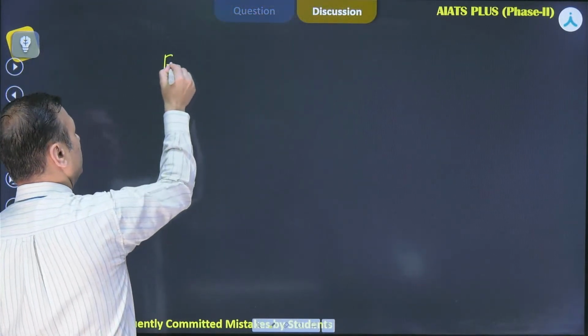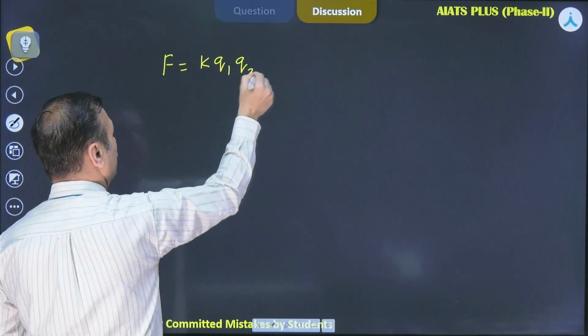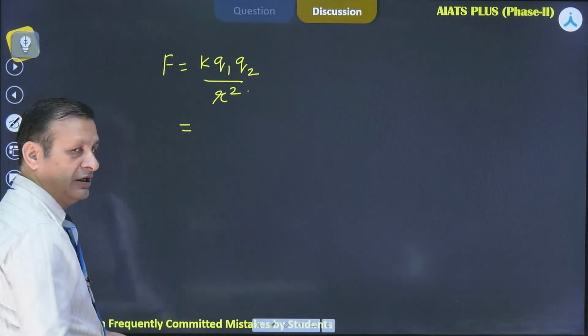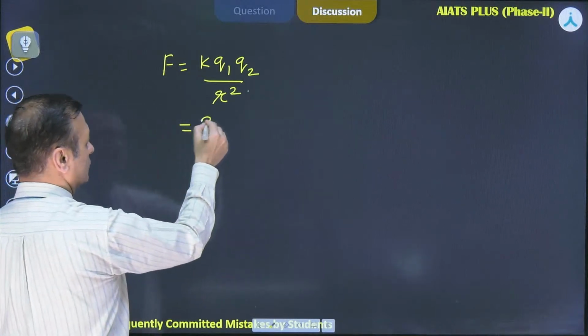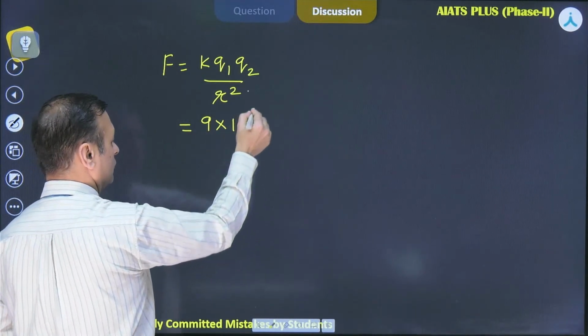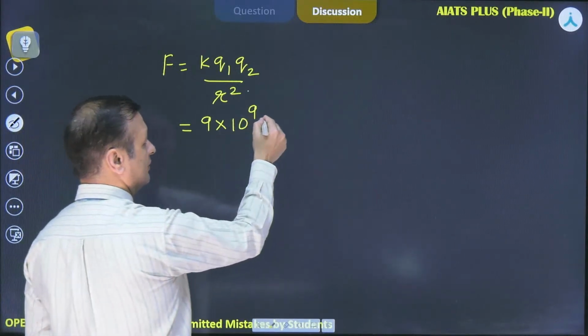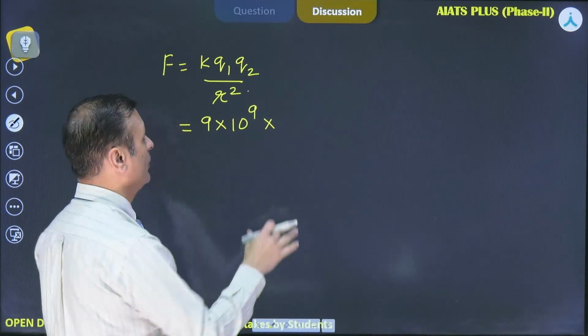So force between two charges is given by k Q1 Q2 by r square. Now we are finding the numerical value of the force. 9 into 10 to the power 9, that is the value of k in SI system when charges are placed in vacuum.